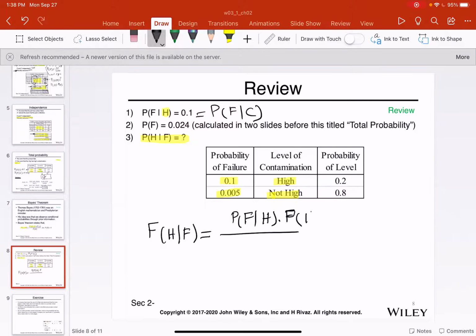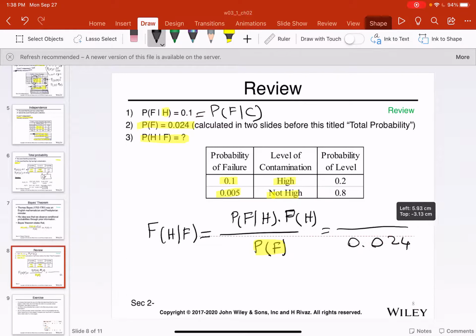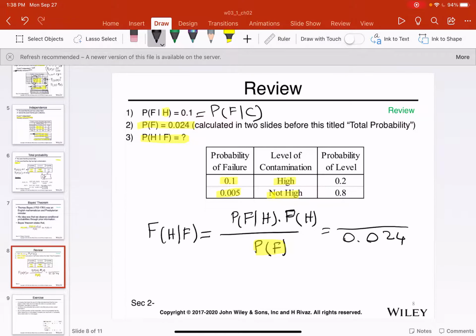So this is going to be 0.024, and we have all the other numbers, right? So that's 0.1 times probability of H, and probability of H is 0.2. So that's it.